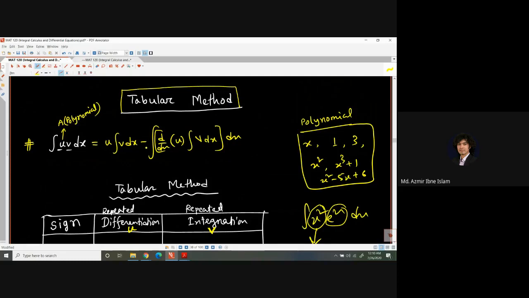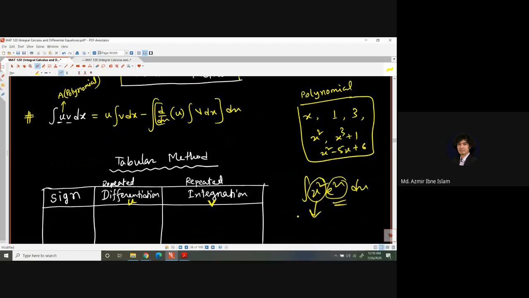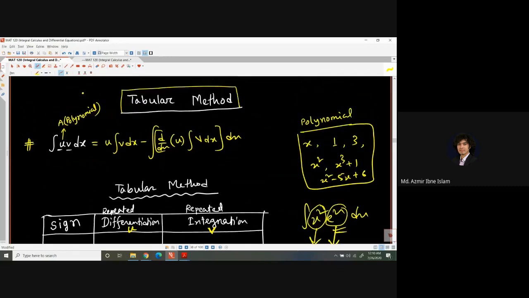But if we apply the tabular method for these problems, then we will get the solution easily. That will be a speedy process. So instead of using integration by parts, we can also apply the tabular method.